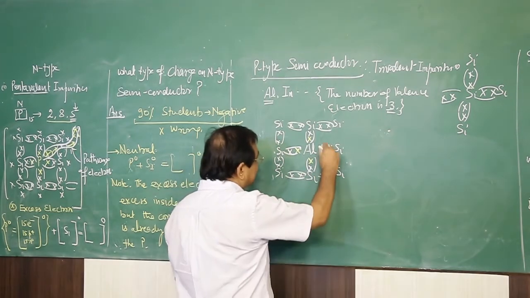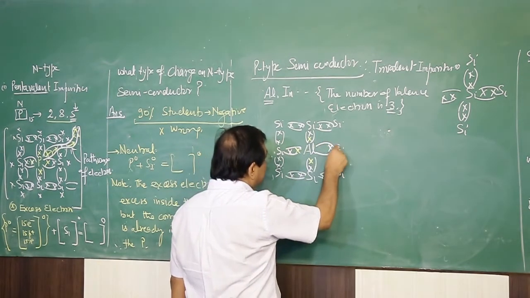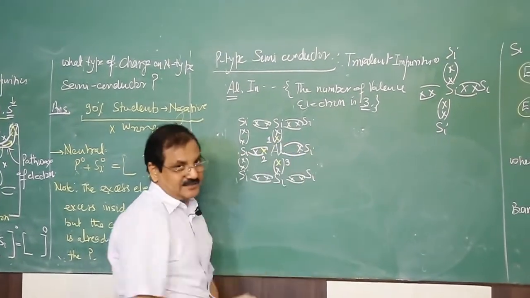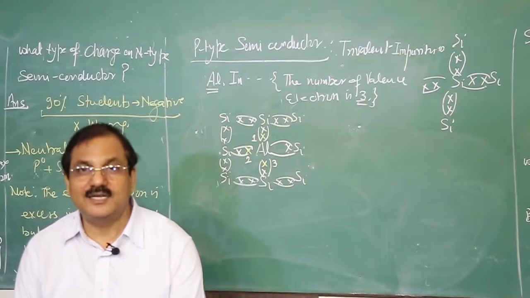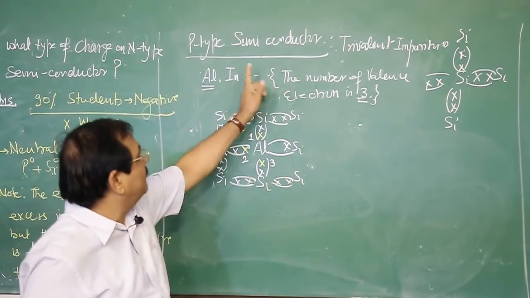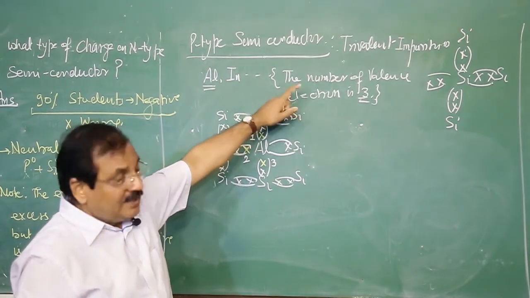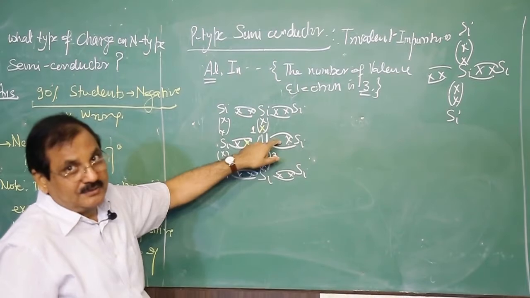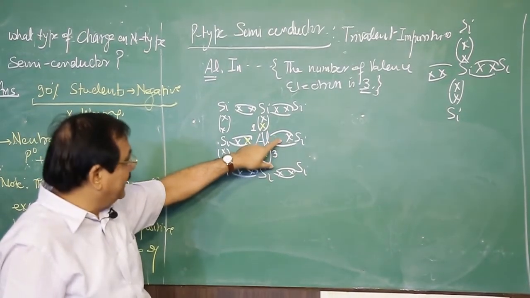So, what is the speciality? This is the first electron, this the second electron, this the third electron. There are 3 electrons in the outermost orbit of aluminum. For the octet, we need 8 electrons.